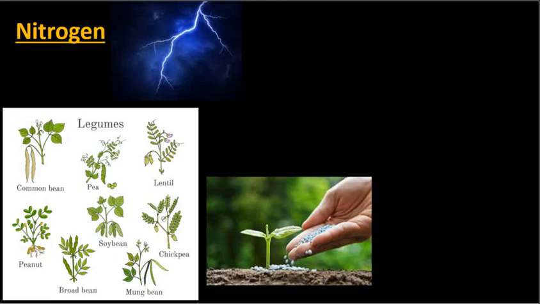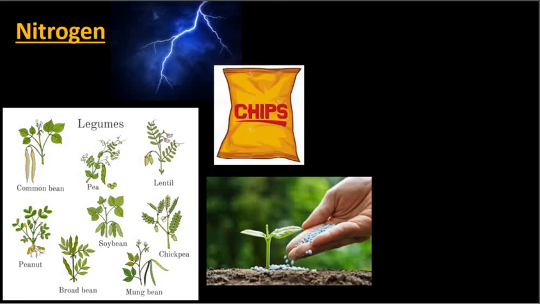You also could add dead plants, things like mulch, that would have the nitrogen already in it, or something like manure would have nitrogen in it because it's been processed plant material. What you might not be aware of, however, is that the bag of chips that you have, they actually fill up with nitrogen and remove the oxygen before they seal it.